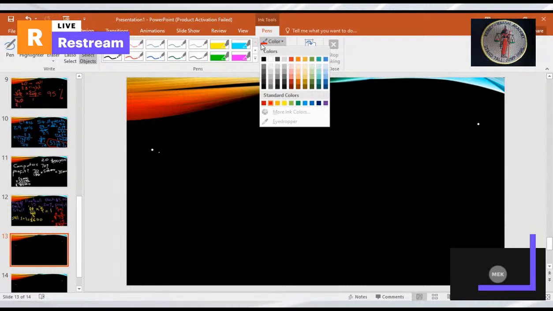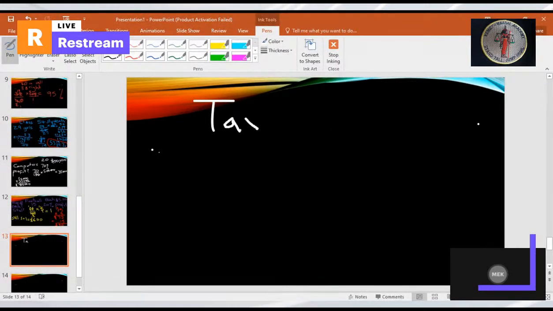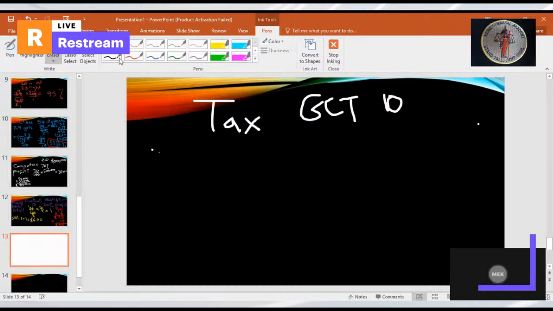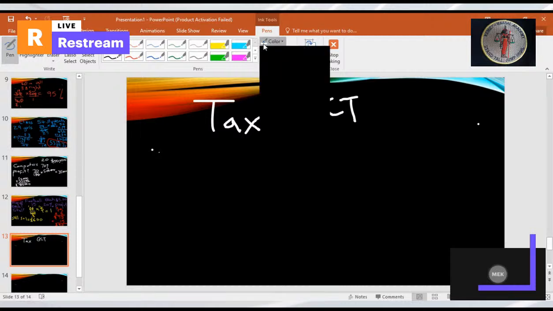So let's look at tax, because tax, like I said, is similar to profit. So let's say in Jamaica, we pay GCT, general consumption tax. Let's say the tax is a 10% tax. All right, so let's say we're paying a 10% tax.